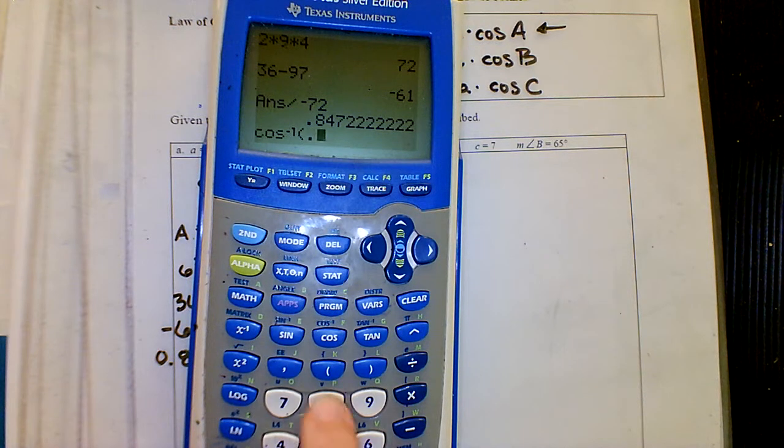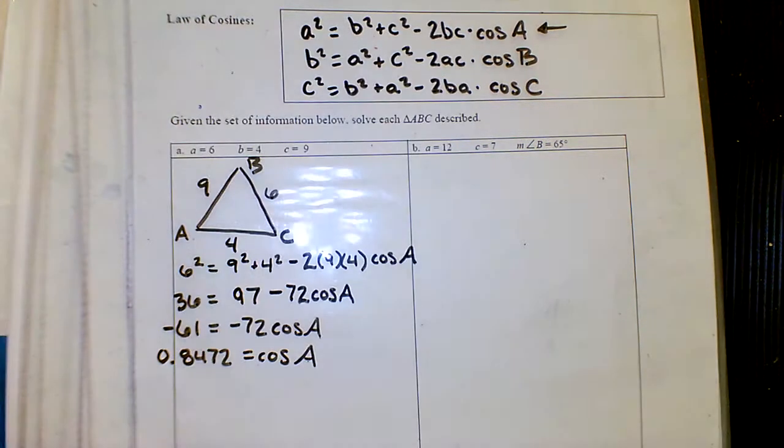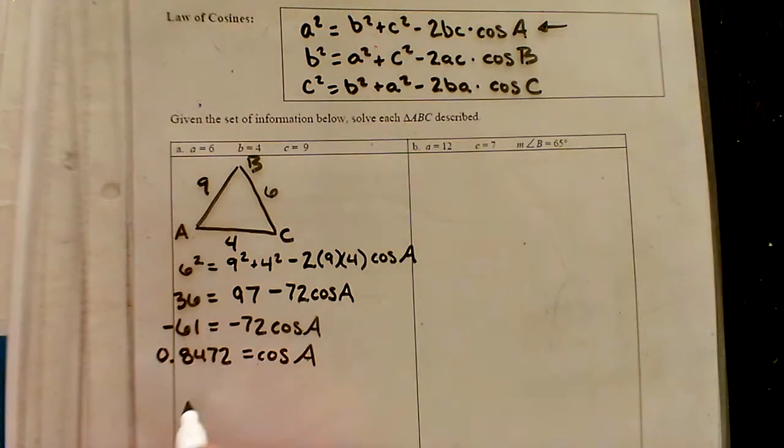And we'll type in 0.8472. So our angle A is 32.1. Make sure you're in degree mode. If you did not get that answer, you're probably in radian mode. Make sure you're in degree mode. So we'll say A is 32.1 degrees.